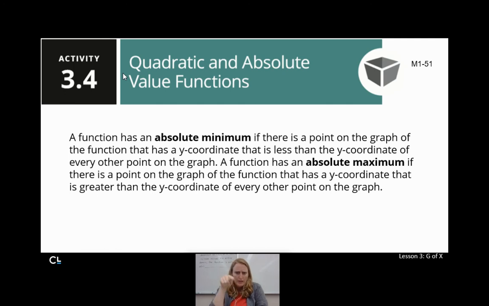That's the lowest point on the graph. A function has an absolute maximum if there is a point on the graph of the function that has a y-coordinate that is greater than the y-coordinate of every other point on the function. I am the highest point. I am the absolute maximum. So you get the idea, an absolute maximum, topmost spot.